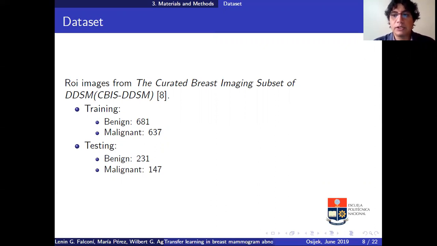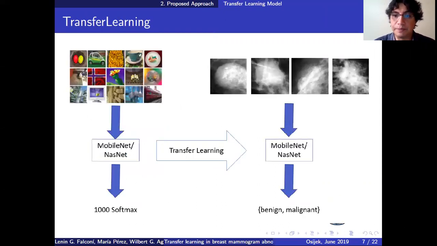One of the advantages of this dataset is that it already has the raw images, which are shown here in the upper part. So we don't have to use any algorithm to extract these masses. We have already those organized in a ground truth table.